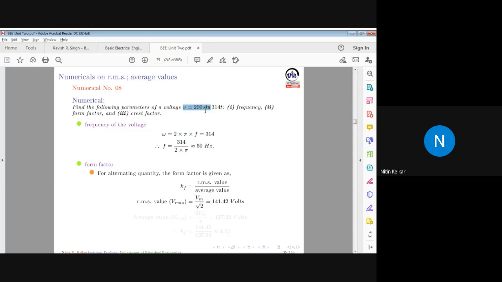Therefore, RMS value is maximum value upon root 2. The answer will come out to be 141.42 volts, and the average value, as we calculated earlier, is 0.636 into Vm. So it will come out to be 127.32.